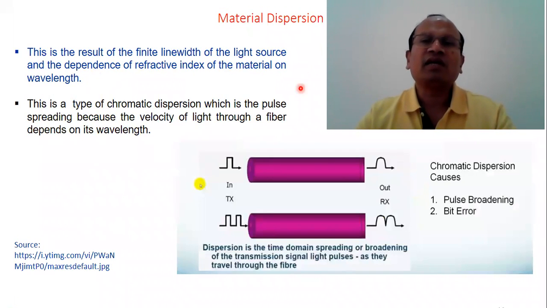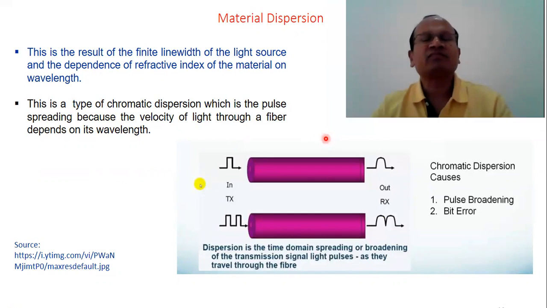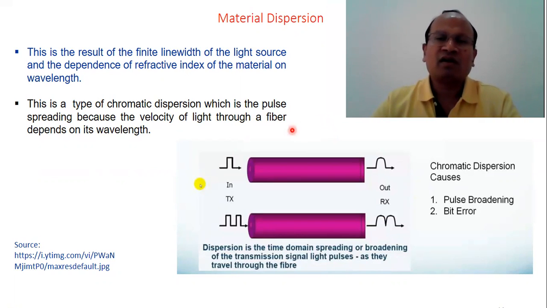So the next one is material dispersion. You can see here that chromatic dispersion is one of the phenomena because of which pulse broadening happens. If you compare the transmitted pulse with the received pulse, the pulse is broadened.